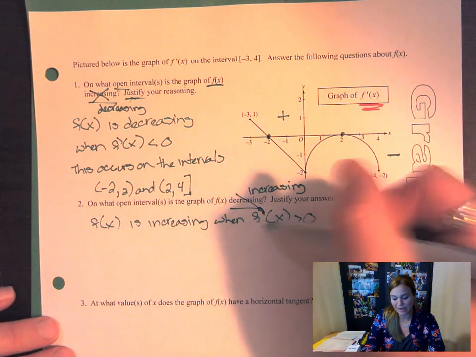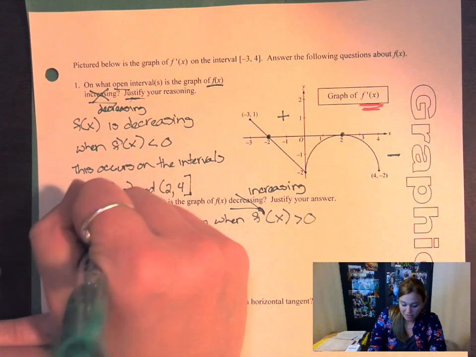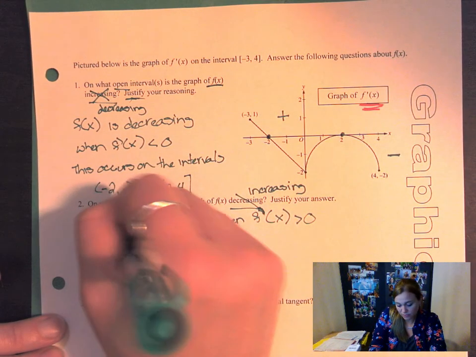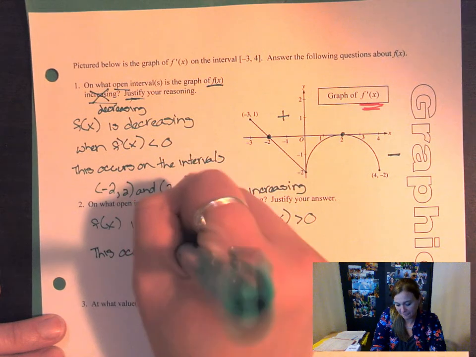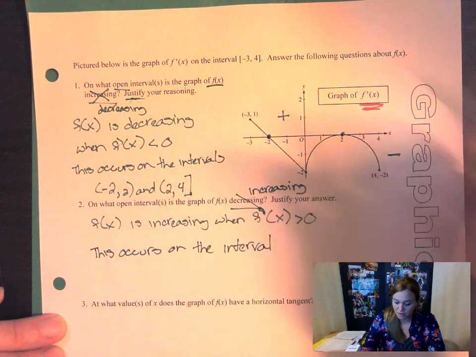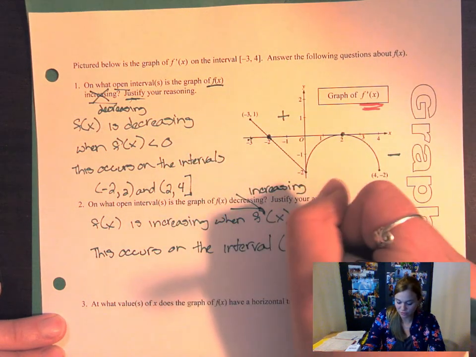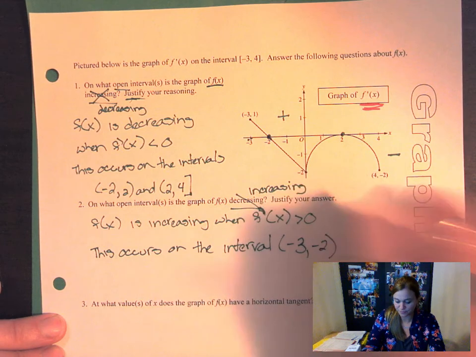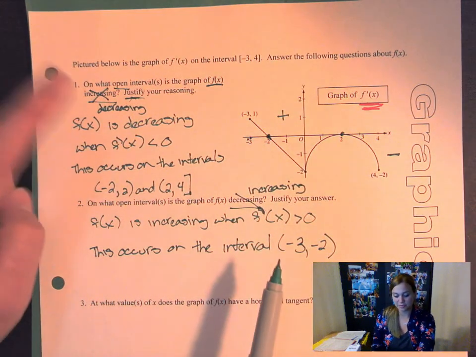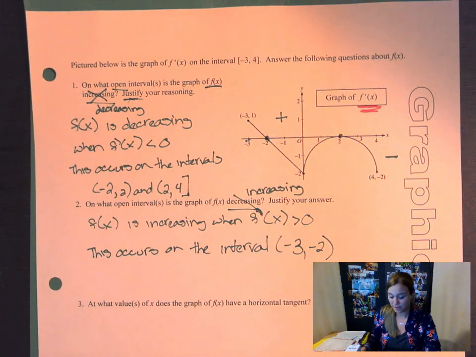So I'm going to say when f prime is greater than 0, and then I'm going to say this occurs on the interval. And there's only one interval because I just looked over my graph and I saw that. From here to here, this x value to this x value. So I'm going to say -3 to -2. Again, sorry I messed this up. This one I changed to decreasing, this one to increasing, but just because I didn't want to write it again.